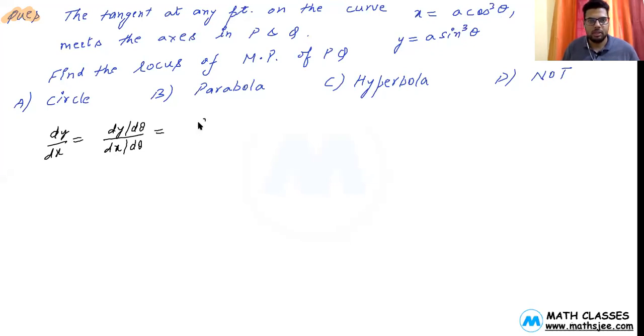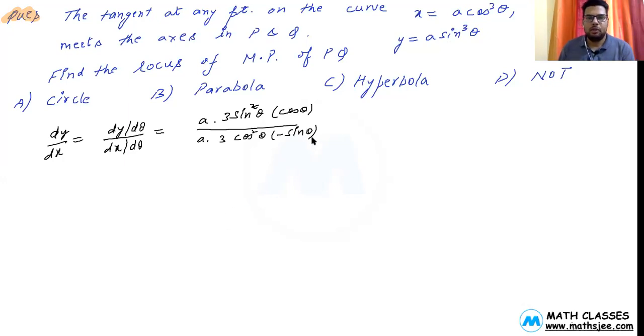The derivative of y is a into 3 sine square theta into cos theta, and the derivative of x is a into 3 cos square theta into minus sine theta.